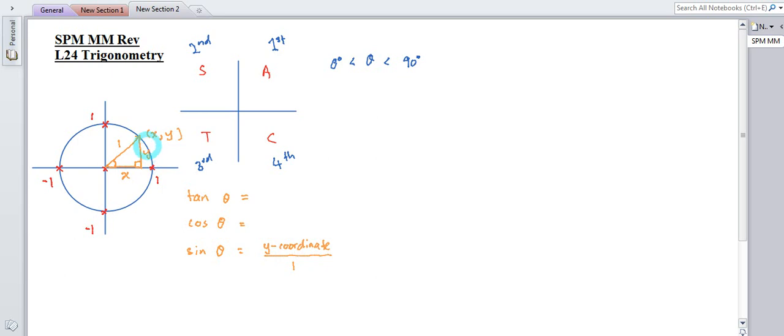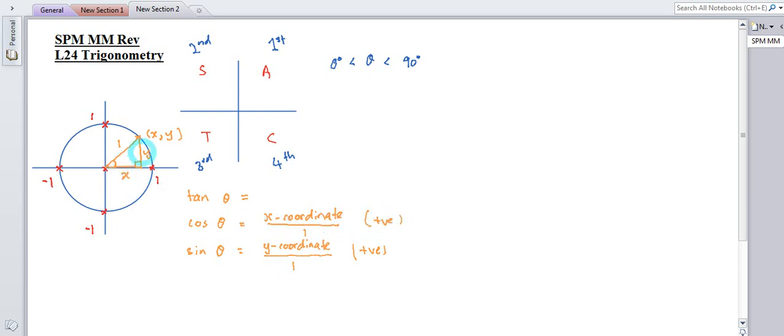So this is positive. How about cosine? CAH, adjacent, hypotenuse, x coordinate over 1. You will also get a positive because x is positive here.